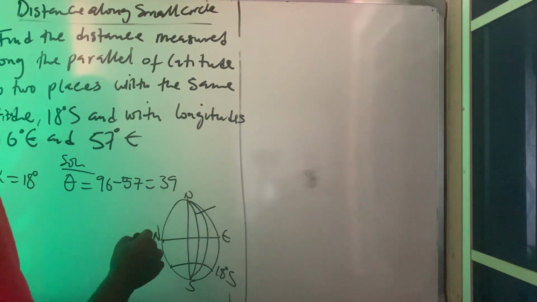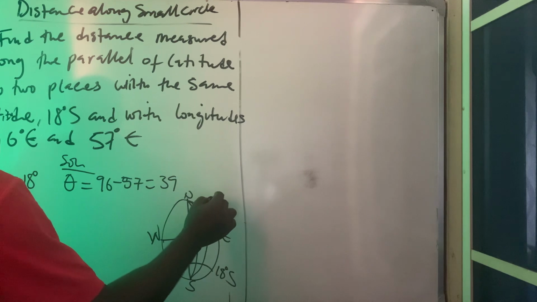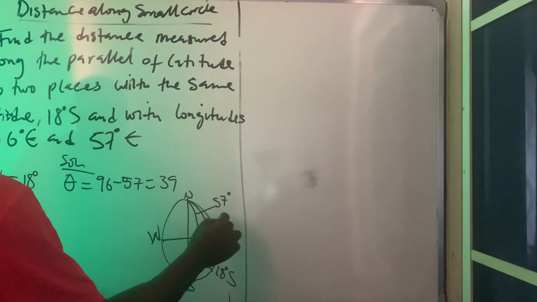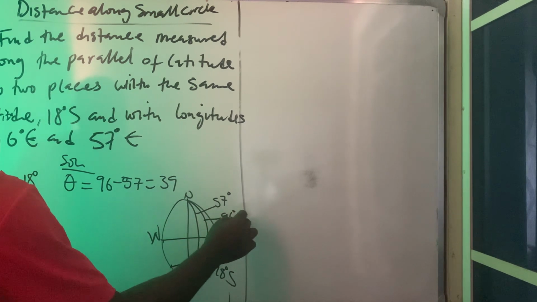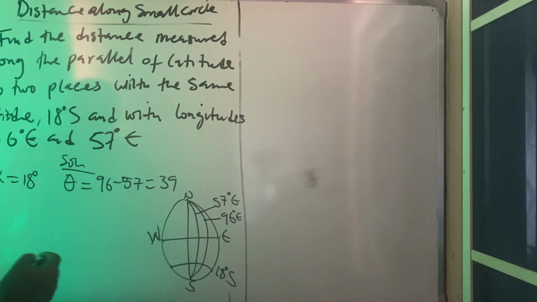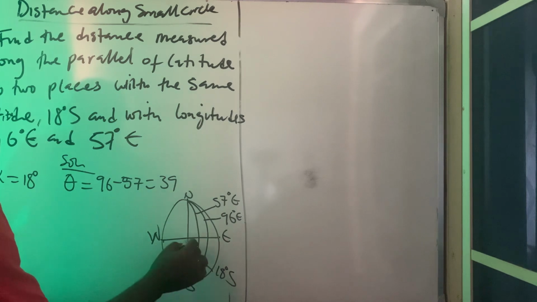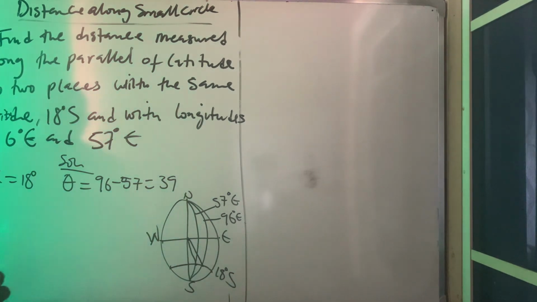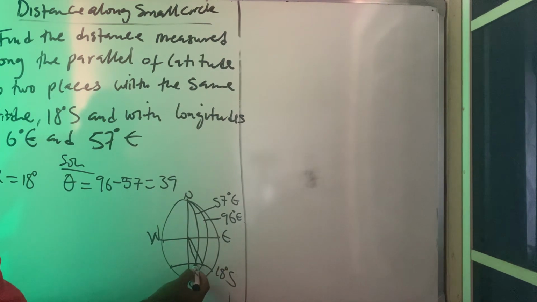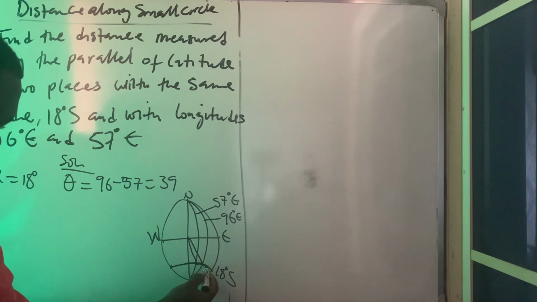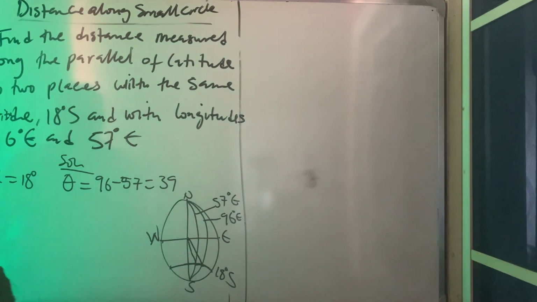The first east is 57, the smaller one, while 96 is the bigger one. Where did they meet? They met at these two points. If you trace them to the center, you see that you're going to subtract because they are on the same side. The distance between these two points, the first place and the second place, is on this latitude. Since it's on this latitude, it is distance on a small circle.